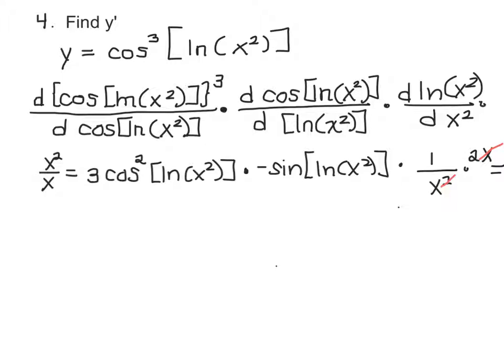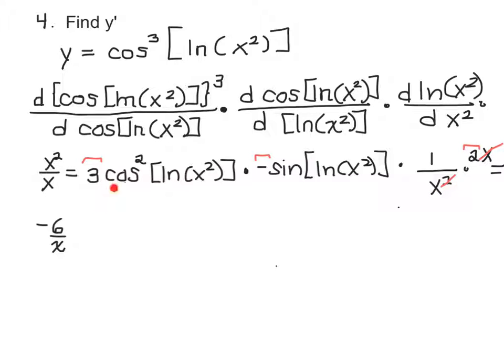I'm going to take this 2, the negative sign, and the 3, and multiply them together. So that's going to give me a negative 6, the 3 times a negative times a 2. And then we have an x on the bottom.